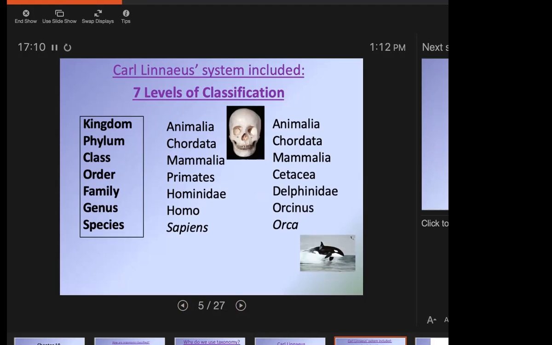We don't split off from killer whales until you get to the order Cetacea. So whales are what we call cetaceans. And from there, all of these aquatic animals will be broken down into other families, genera, and species, okay?